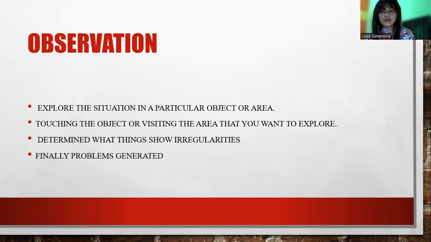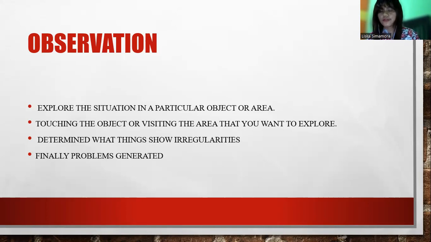So once that product is at our hand, and we can touch the object, we feel that there's something wrong with the packaging, maybe. Or because it's a beverage, it has a particular taste.